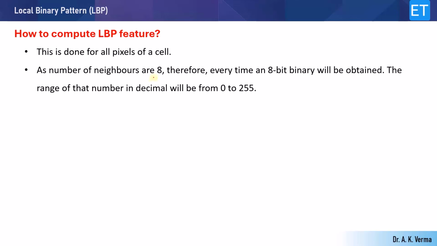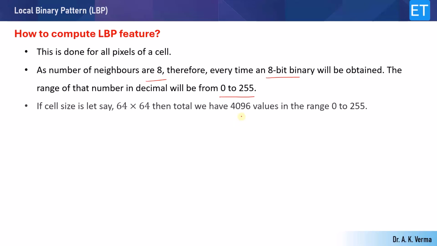As the number of neighbors I am selecting here is 8, every time I get an 8-bit binary number. So obviously the equivalent decimal will range from 0 to 255, I mean a total of 256 values.